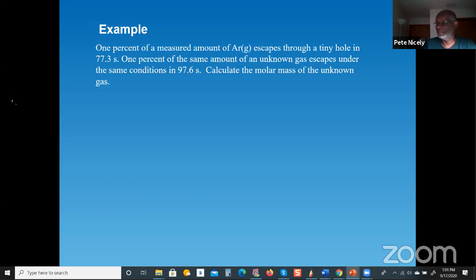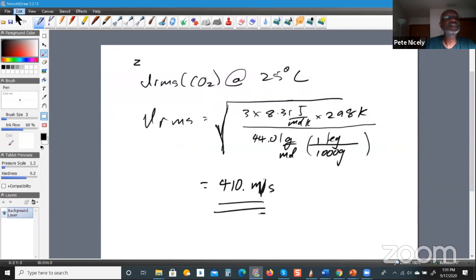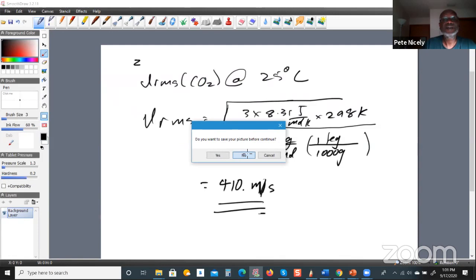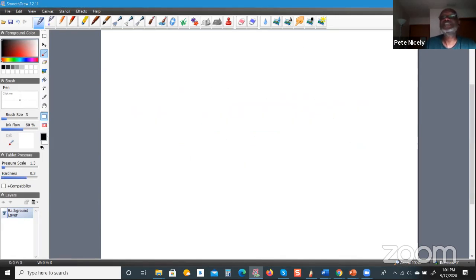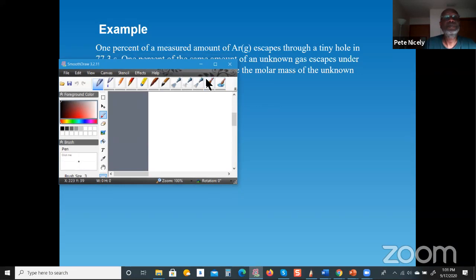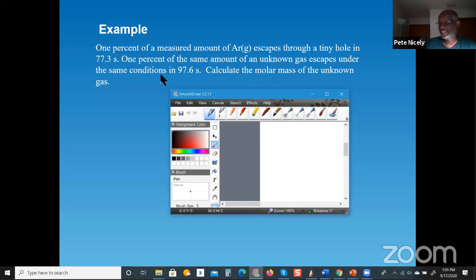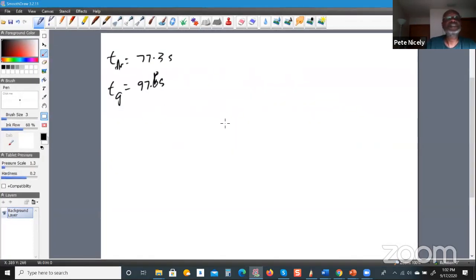All right, so according to the question, the time of effusion of argon is equal to 77.3 seconds, and the time of effusion of the unknown gas is equal to 97.6 seconds, all right? Just thought I should write those two numbers down so I can have them to look at.